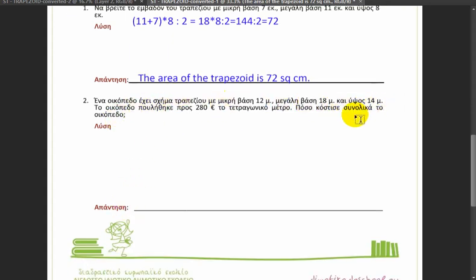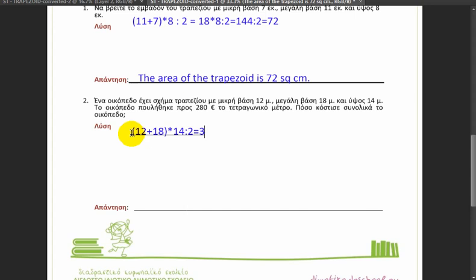Now we have another trapezoid, and again, it's a piece of land being sold, and we know the price of each square meter, and we need to find the total price of the land. So to do this, we need to find the area and then multiply that by the price of each square meter. So we're going to need to do 12 plus 18 multiplied by the height, so 14, and then divided by 2.